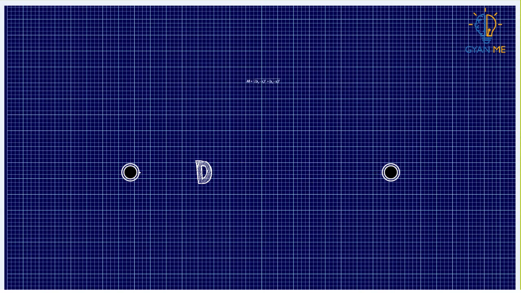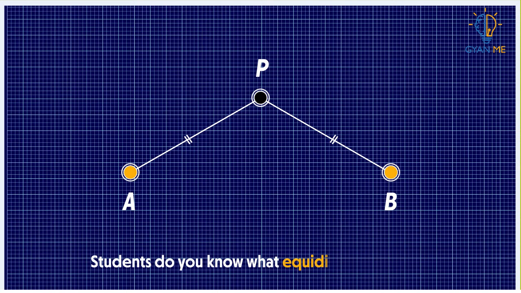Students, suppose we are given two points in a given plane. Say, points A and B are at some distance. To find how far they are, we can directly use the distance formula. But suppose we are given one more point, say P, which is equidistant from points A and B. Students, do you know what equidistant means?